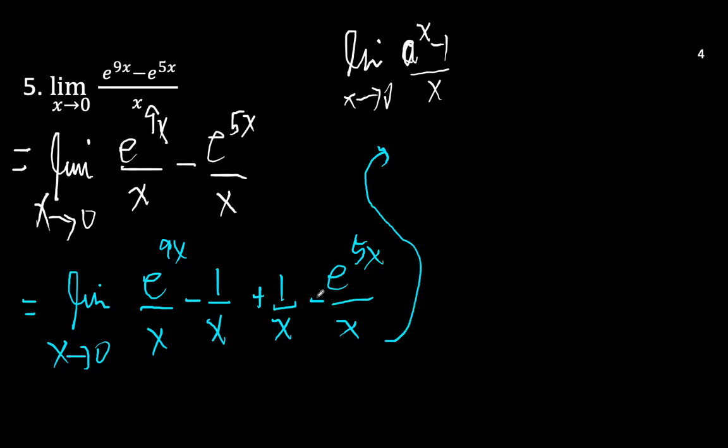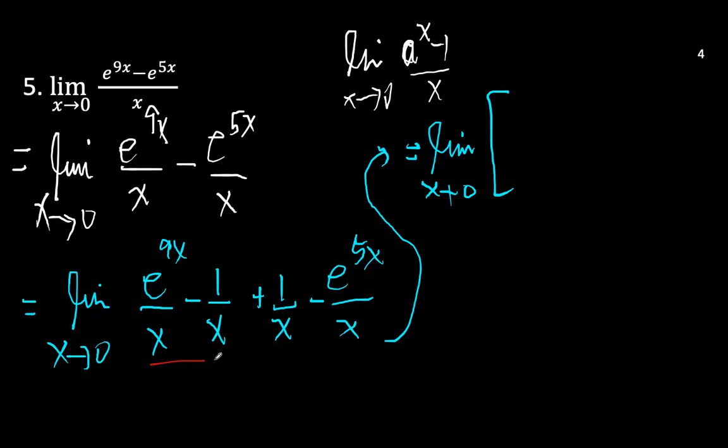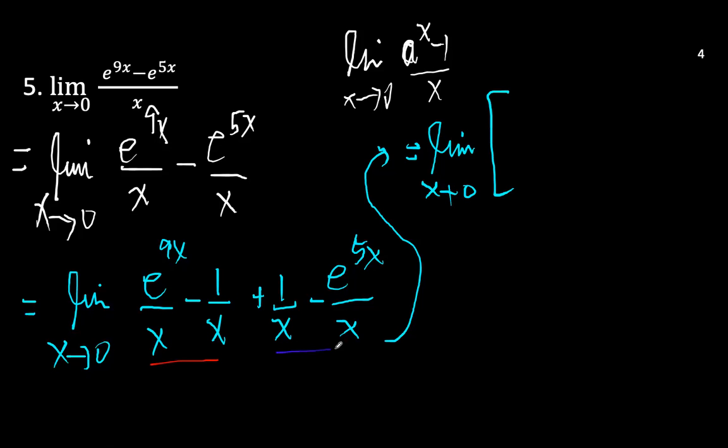Here we go. Now I can associate some of the terms here. So let's do that. The limit as x approaches 0, and I can associate this. Let's do the association here and here.